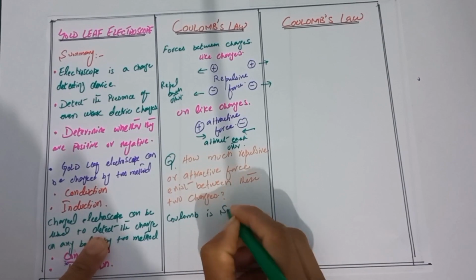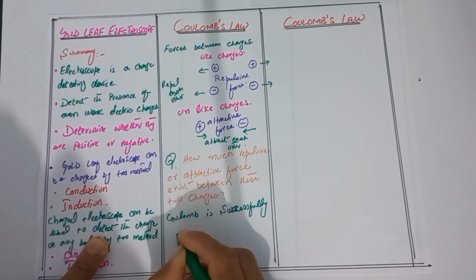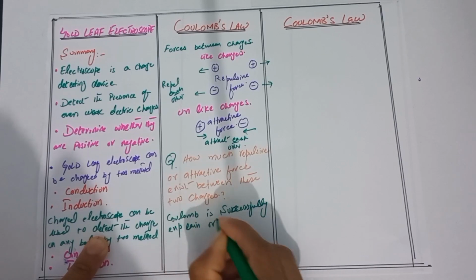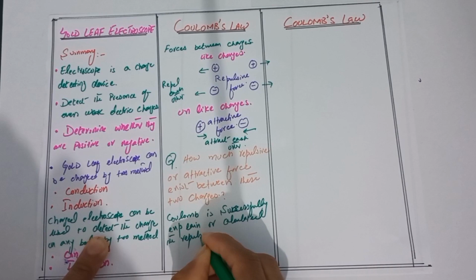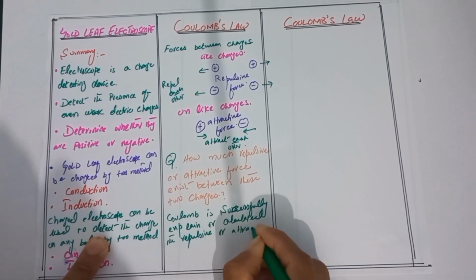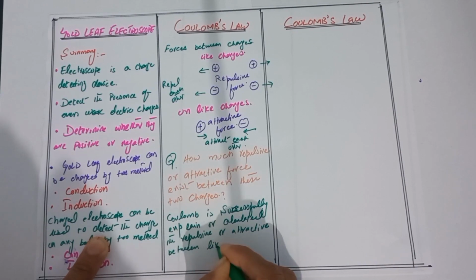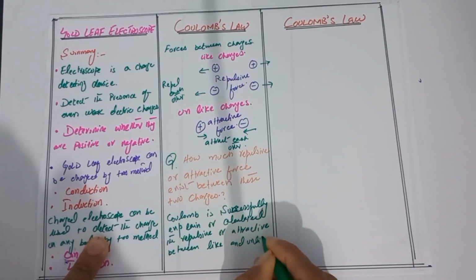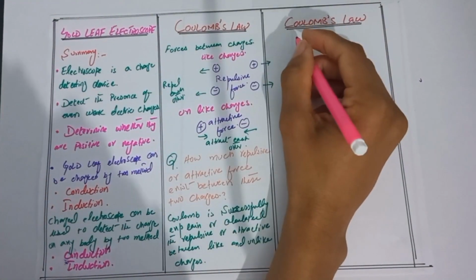Coulomb successfully explained and calculated the repulsive or attractive force between like and unlike charges.